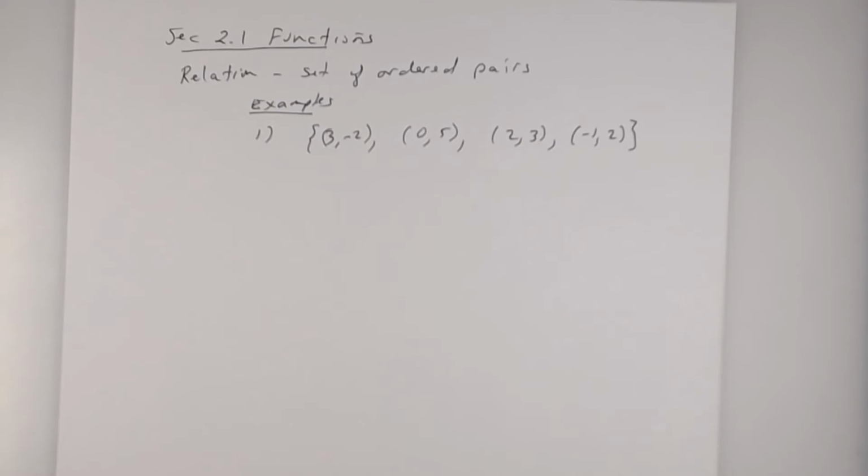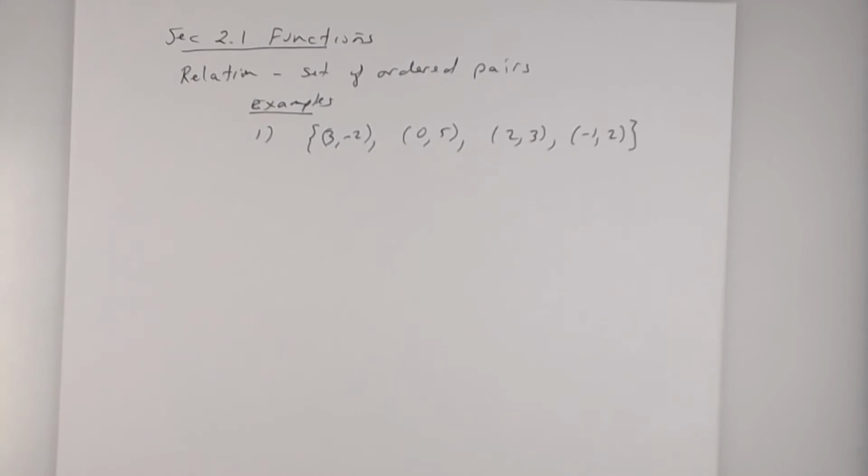But we also can represent a relation by an equation. So one of the things you had to do on your test day is to graph a line. Well, those are relations because a line is made up of a set of ordered pairs. And how many ordered pairs were on that line that you drew in the test today?